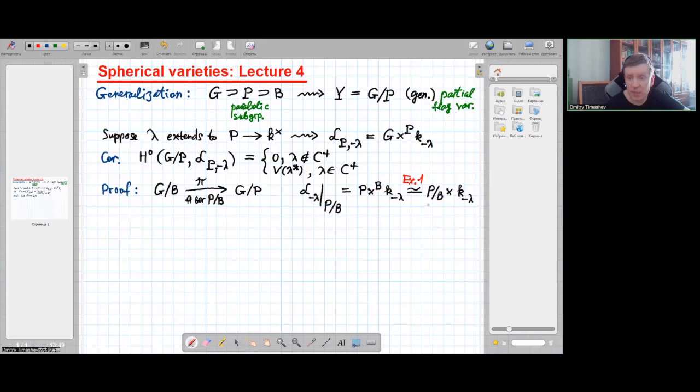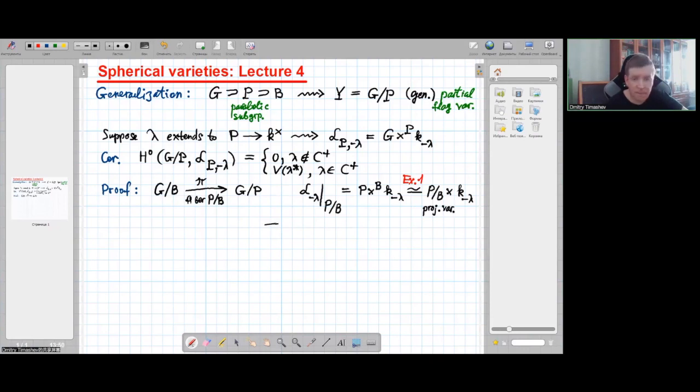And also this variety P over B is a projective variety. It is, in general, as flag varieties are projective.